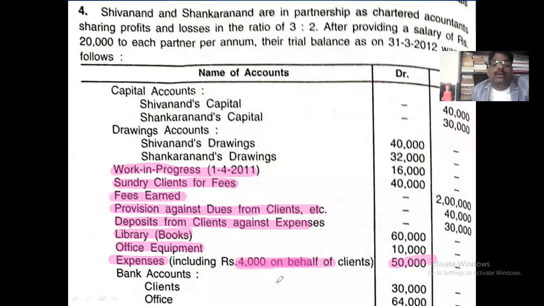In the 30,000, you deduct 4,000 in the balance sheet. Then bank is the asset, goes to balance sheet, client and office. These two go to balance sheet.